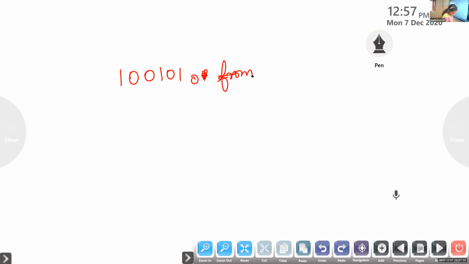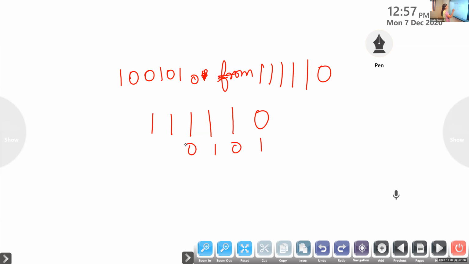When you write the numbers from the question paper, be careful, count and write. Is it correct? So from this one, you have to subtract 1, 2, 3, 4, 5, 0. From here, 101001. Subtract it and tell me what is the answer.